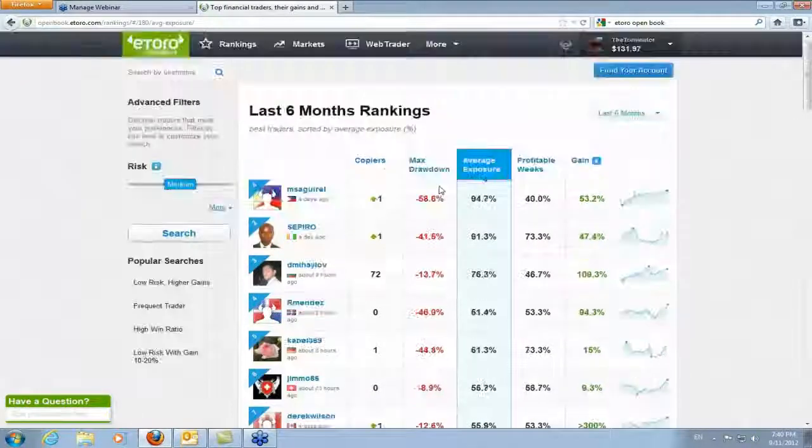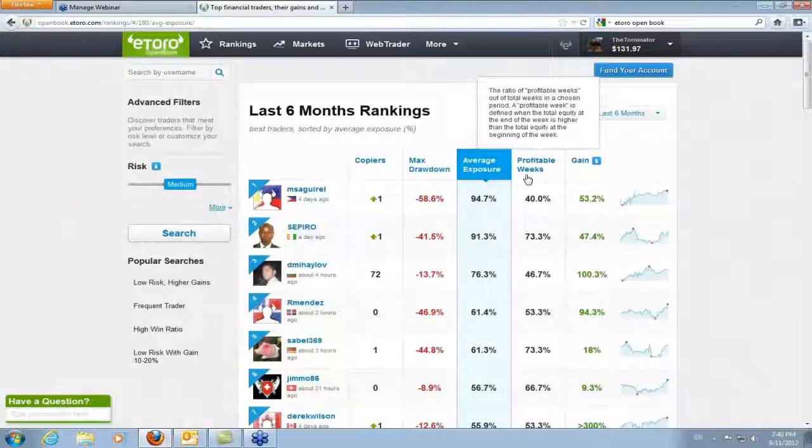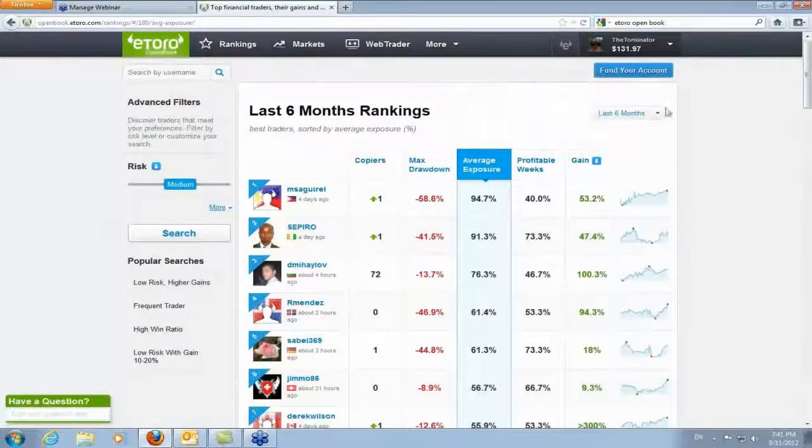And the beautiful thing here is that this goes well with profitable weeks, because profitable weeks gives you the percentage of weeks that were in profit out of the last 6 months. Now, how do we calculate percentage of weeks in profit?